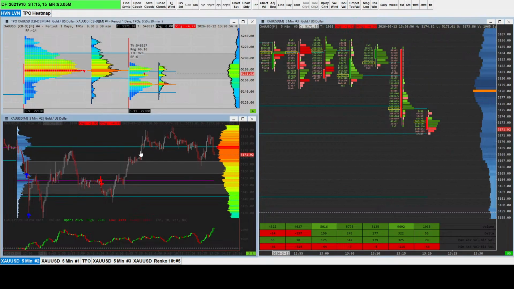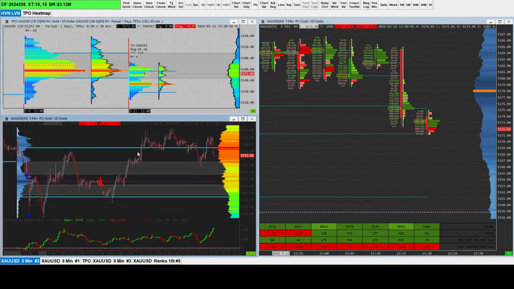Okay, we're getting a dip in price, which is good. That's what I like to see. Now the question is, when the market gets there, do we get enough buyers?